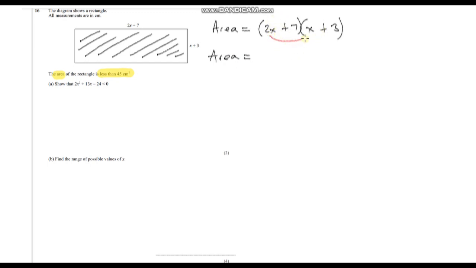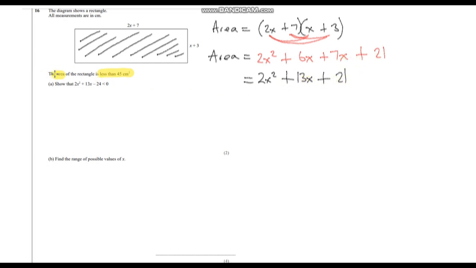So 2x times x gives us 2x squared. 2x times 3 gives us positive 6x. 7 times x is positive 7x. And then 7 times 3 is plus 21. We can simplify this: 2x squared, 6x plus 7x is 13x, and then plus 21.